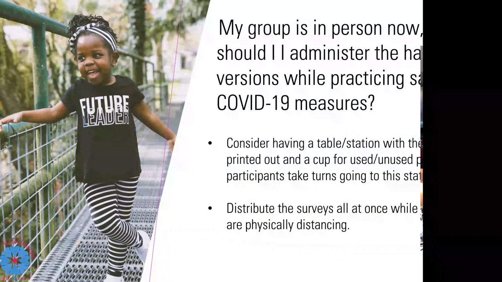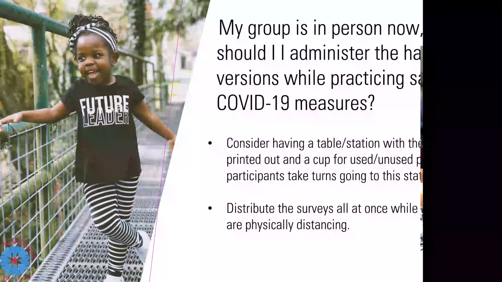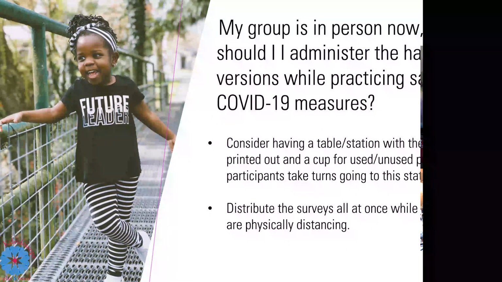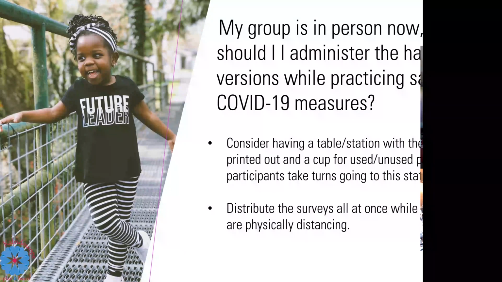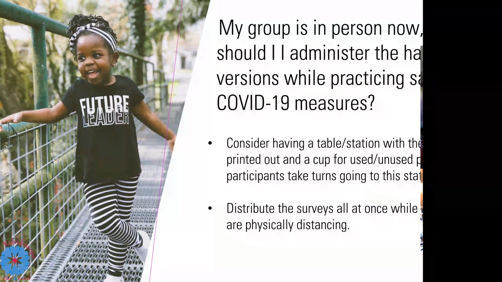You can move to the next one, Kim. Okay, and I know that some of you might be thinking, if your group is in person, how to do this safely, how to pass it out to caregivers, and what you can do to make sure that everything is safe. You can consider having a table or a station where the surveys are printed out, and have a couple of cups, one for used pens and one for unused.